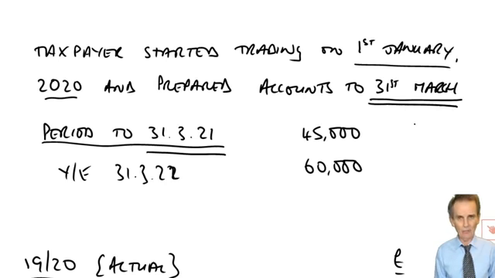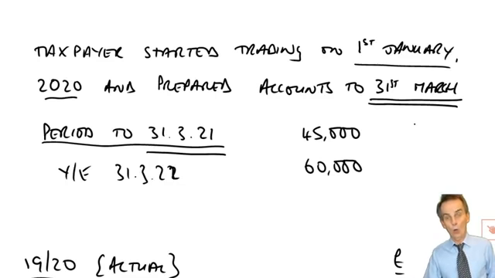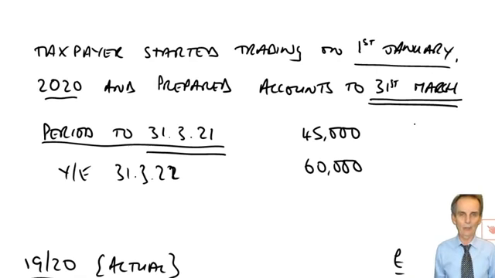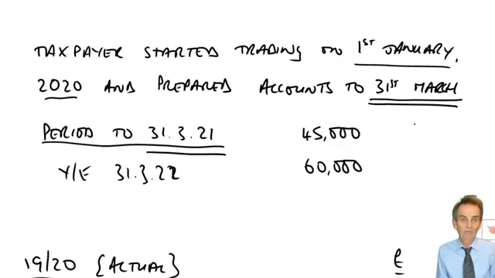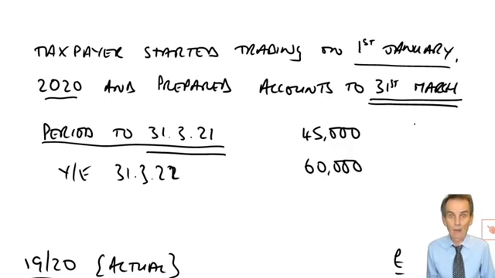There, the 31st of March is as a month end as close as you can get to the end of a tax year. Or do you choose an accounting date that ends early in the tax year? 30th of April. That's the first month end within a tax year that began on the 6th of April.